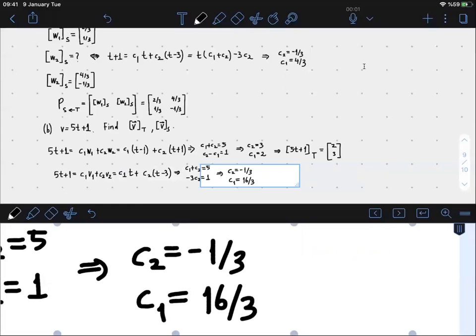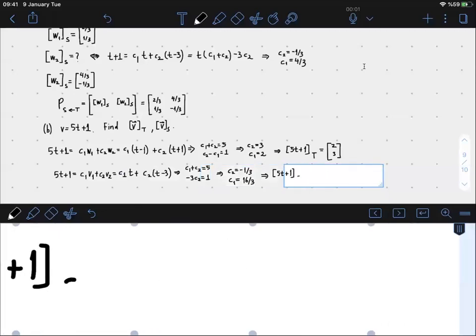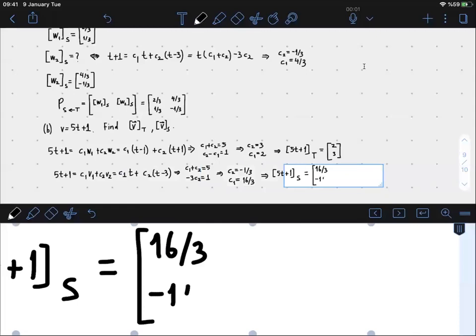Okay. What does this give us? Okay, so now we have 5t plus 1 in S basis as 16 over 3 and minus 1/3, right?